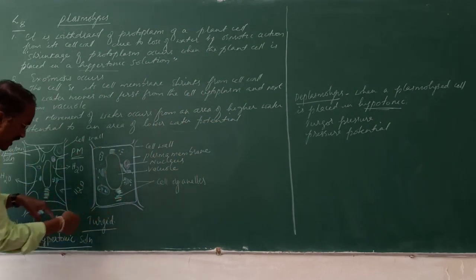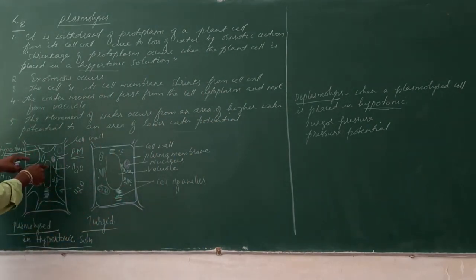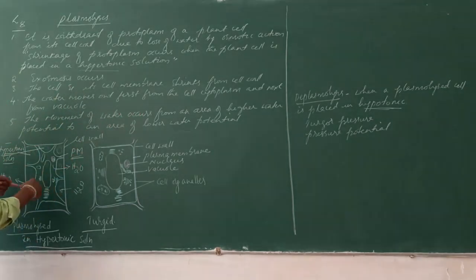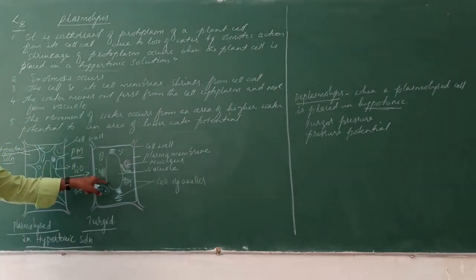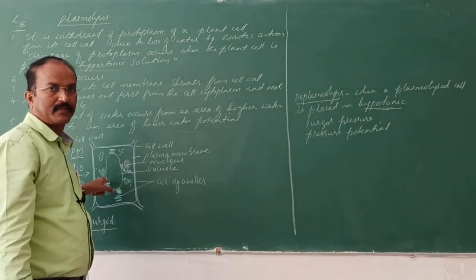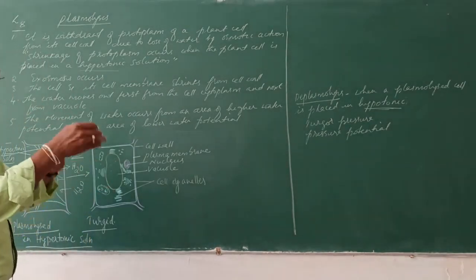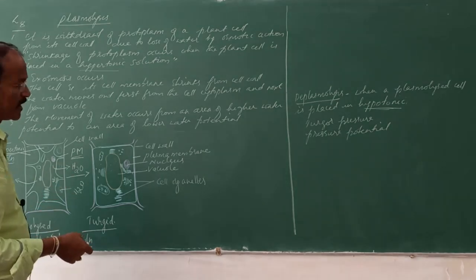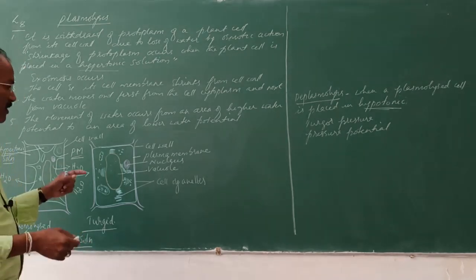When it is placed in hypertonic solution, it shrinks. So when the shrunken or plasmolyzed cell is placed in hypotonic solution, it again becomes turgid. This process is known as deplasmolysis. Got it? Reversing plasmolysis is nothing but deplasmolysis, and it builds up a pressure.